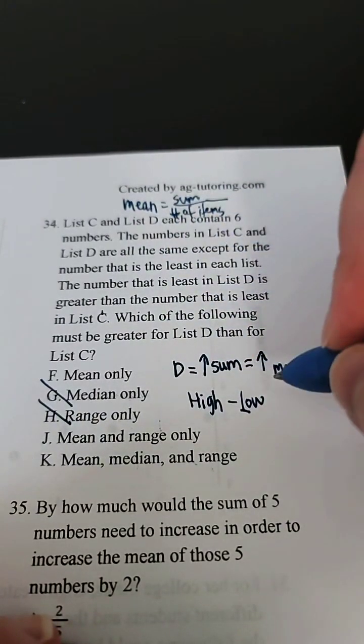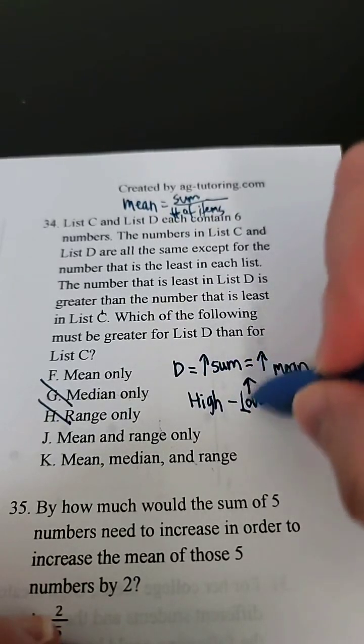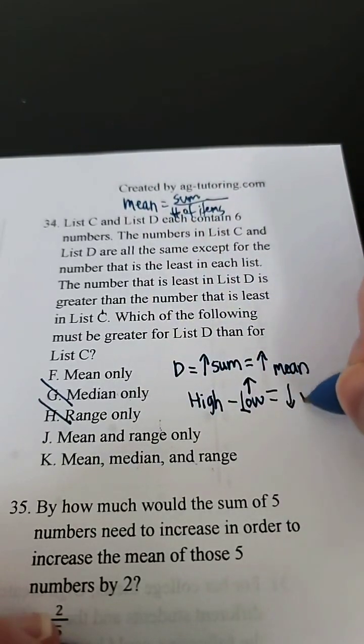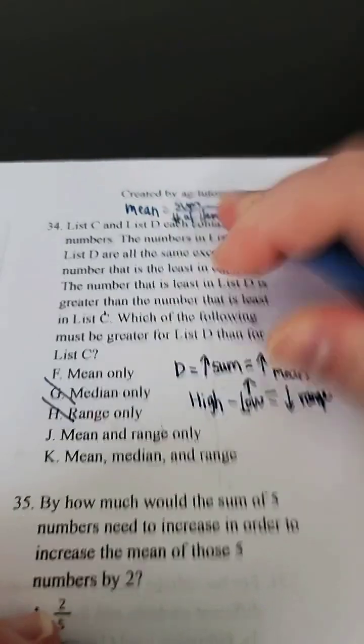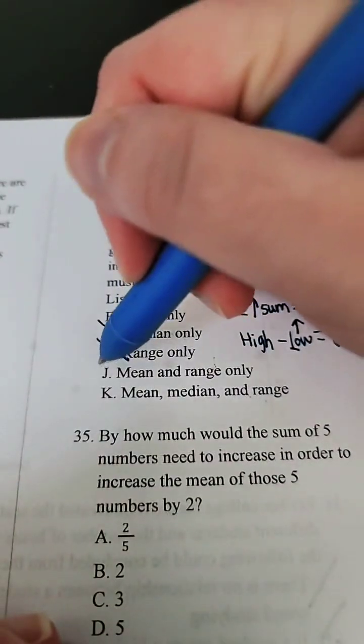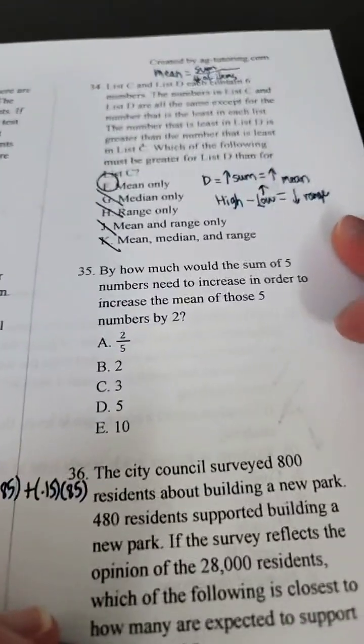It's the lowest number in the list that's getting greater. So we're subtracting more, which means we would have a lower range actually. So it would not be greater. Then I can cross out J and K, and it's only going to be F. Only the mean gets greater.